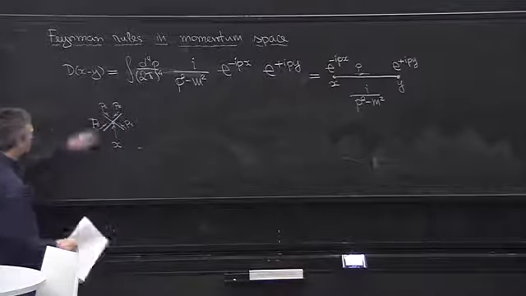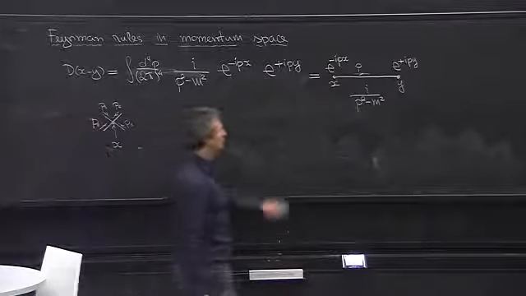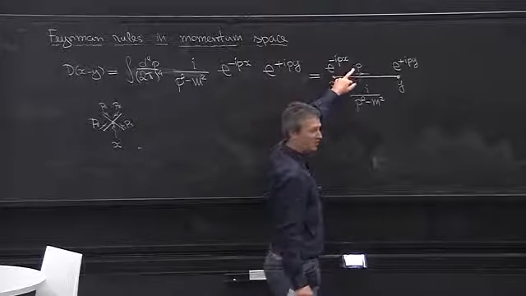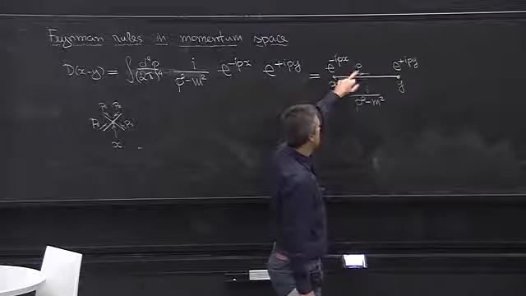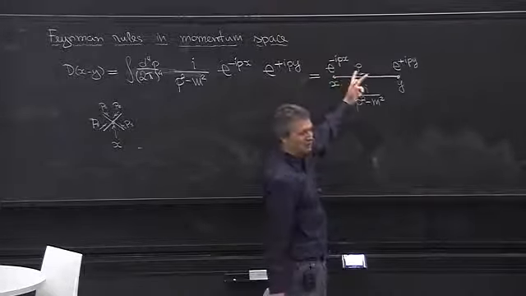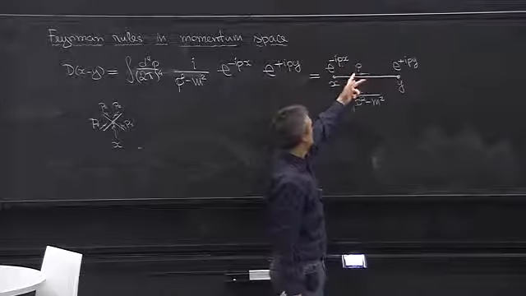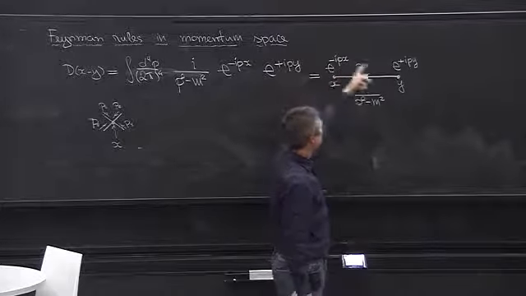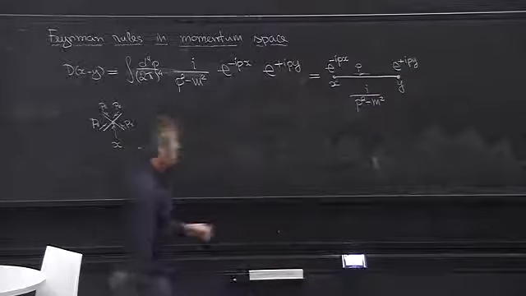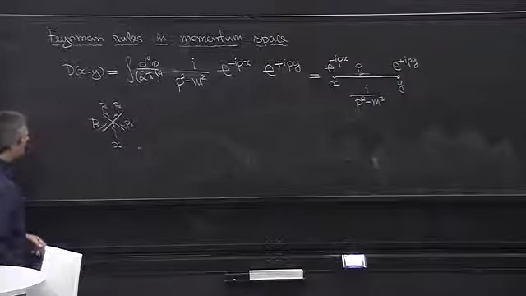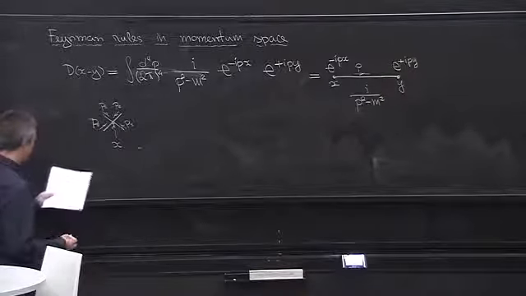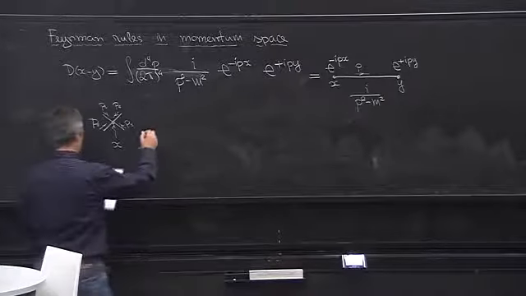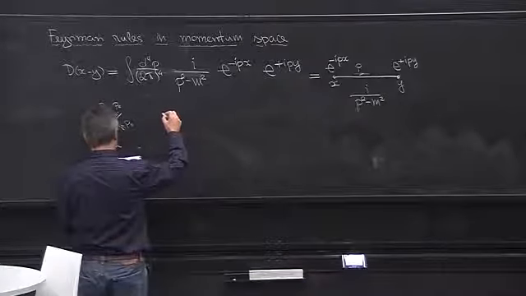That's not really a restriction, because we can redefine the direction of the momentum. If we flip the arrow, we just flip the signs. So we can always assume that these momenta are all incoming.